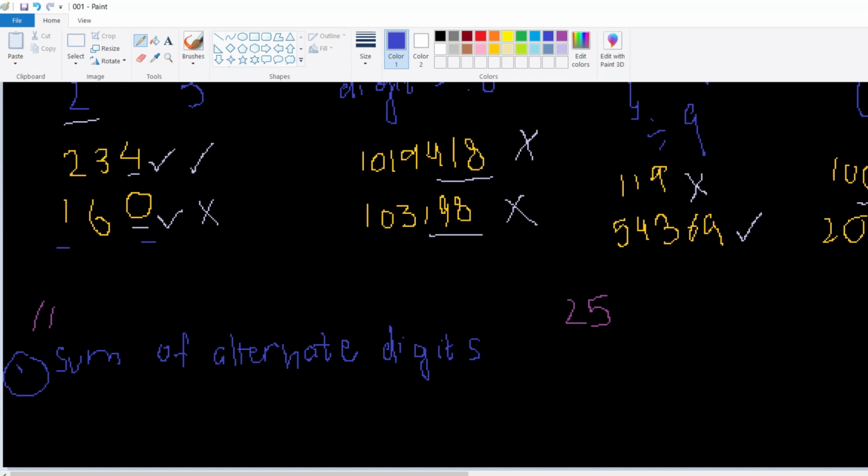This and this would be in one group, and then this would be in another group. So we'll take these two groups of alternate digits, even and odd indexes, and we'll take the sum of each, and then we make the difference of these groups. Like we subtract these groups.